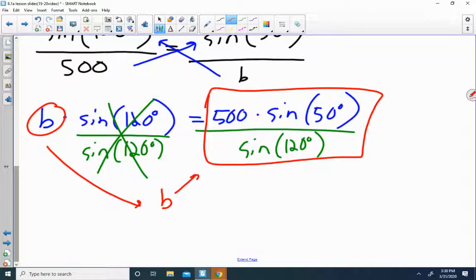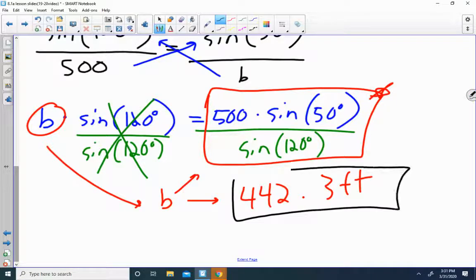Okay, I think you guys are comfortable with plugging in these values on your own. So go ahead, plug this into your web calculator and see what you get. And you should get that little b will give you 442.3 feet. Wait, Miss Shulin, I thought you said you wanted us to round to 3 decimal places.